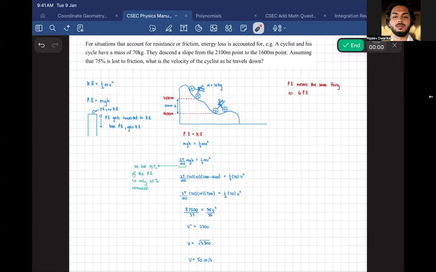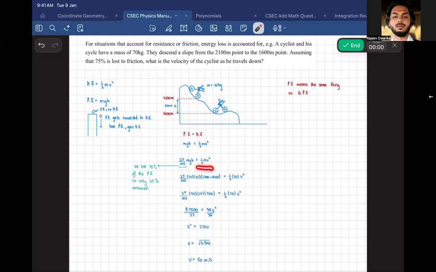And we are saying that that would be equal to kinetic energy, because as he goes down, the height gets smaller and smaller and it gets converted to kinetic energy because he starts moving. Anytime you're moving, you have kinetic energy. So I put these two equal to each other and I end up with this equation: 25 over 100 mass by gravity by height is equal to a half mv squared.